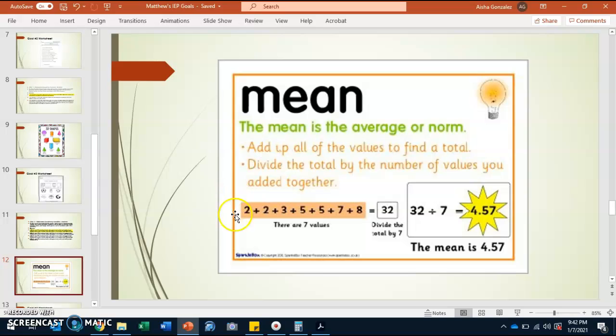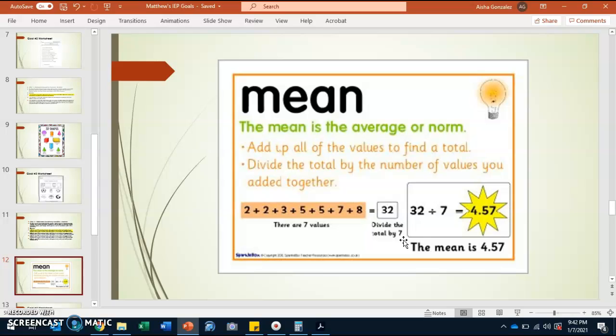So for example, this is the set of numbers they gave you. You would add all of these numbers together, which would give you 32. Once you find the answer, you would count how many numbers there are in the set. So we would count 1, 2, 3, 4, 5, 6, 7. So we know that there are 7 numbers.